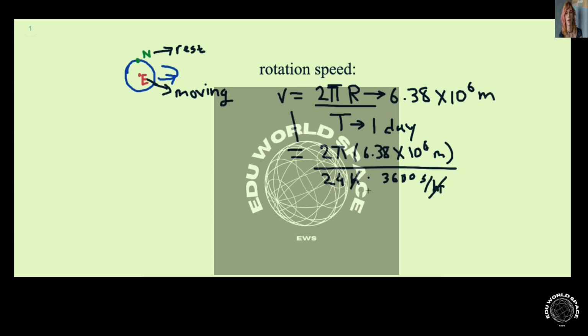So here's how we cancel that out, and we get Earth's rotation velocity as 464 meters per second. Okay? Note that this is much, much smaller than the speed of light, which is 300 million meters per second. And this is why we need a binomial expansion in this problem to begin with. And I will talk about that in a second.